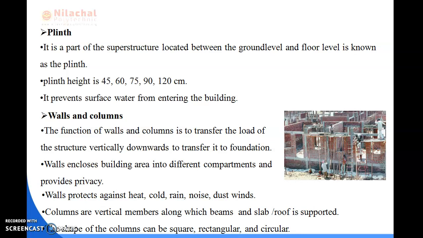Walls mainly protect against heat, cold, rain, dust, winds or any types of atmospheric agents, and columns, as all of us have seen, are the vertical members where the beams and the slabs or the roof are supported, and their shape can be rectangular, circular or square.